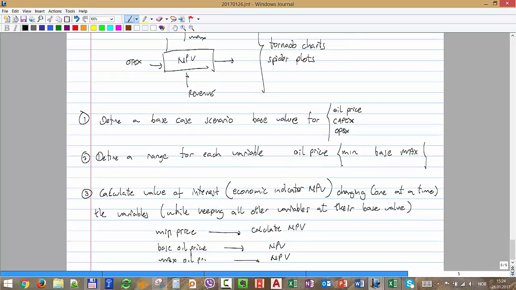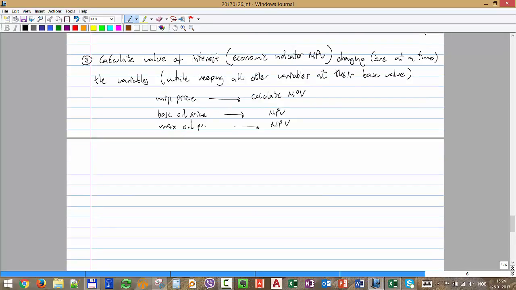So to make the plot, you have to define it like that. You have a factor x, for example capex. Let's call this variable X min, X base, X max. And here you have Drilex, for example.